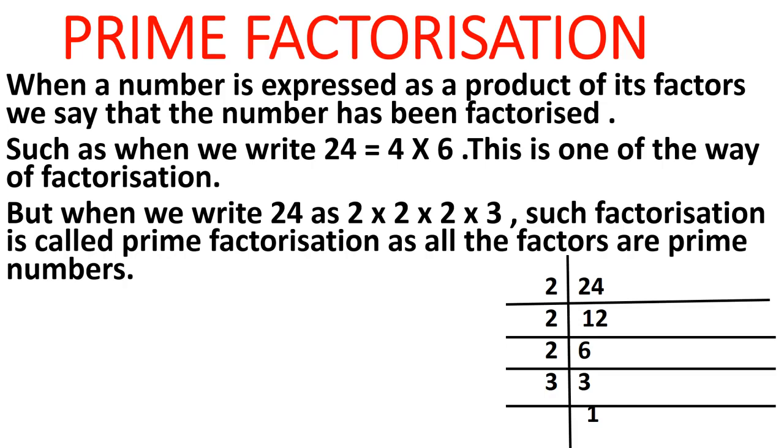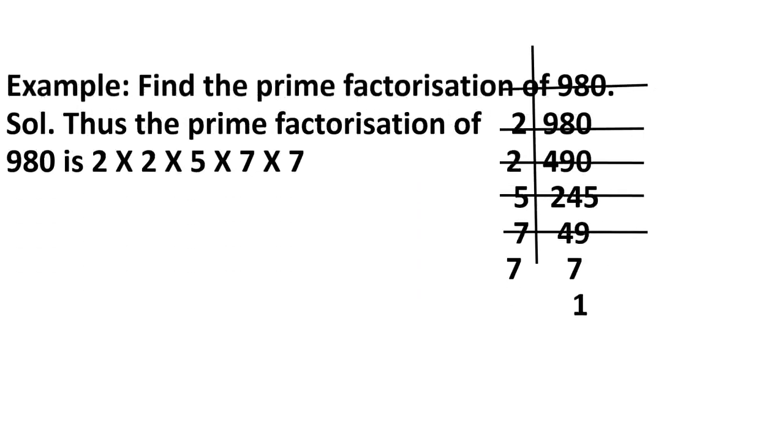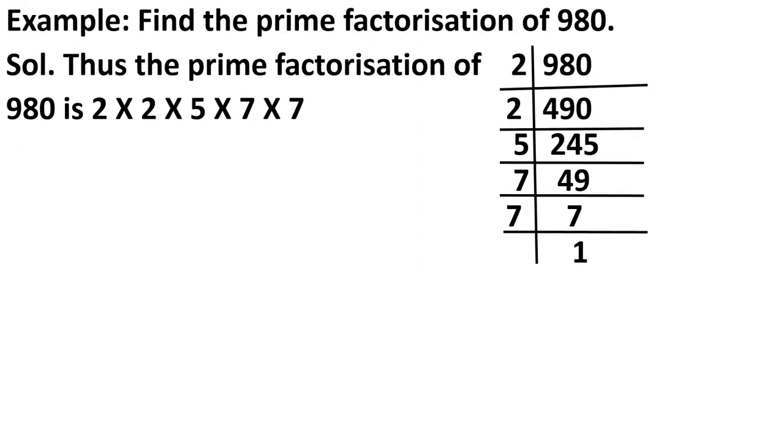See one more example. Find the prime factorization of 980. When we find the prime factorization of any number, we always start from the lowest prime number, and the lowest prime number is 2. So first of all, check whether the given number is divisible by 2 or not. That's why we learned divisibility rules first.